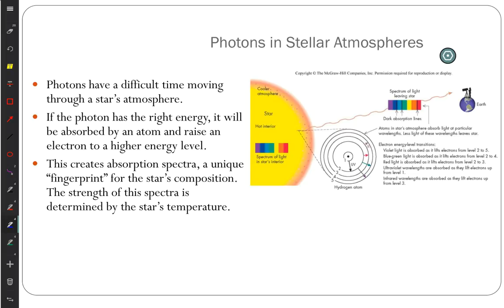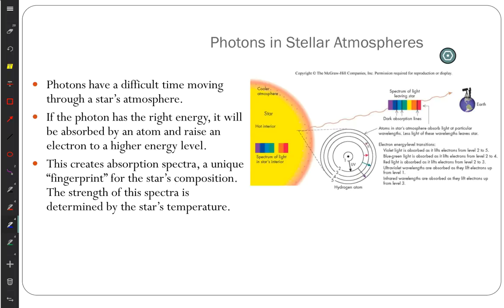Okay. But now we're going to learn some more interesting things about them. If you remember from long ago when we did the lab process where we looked at these, you guys remember that? The lab where you shot the photons in, you saw the electrons jump up and so on.